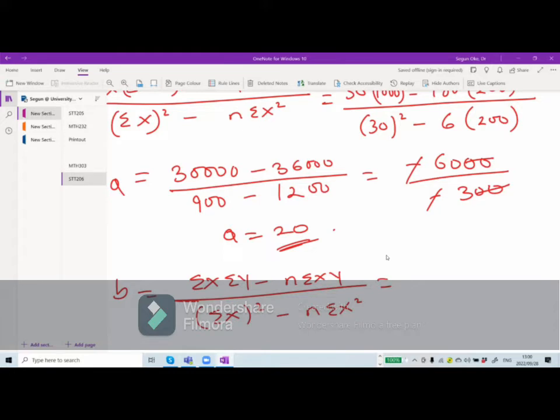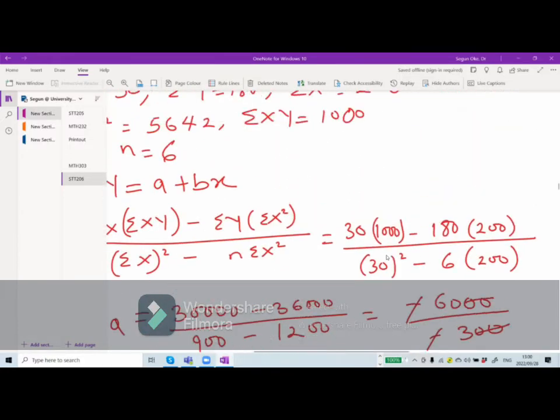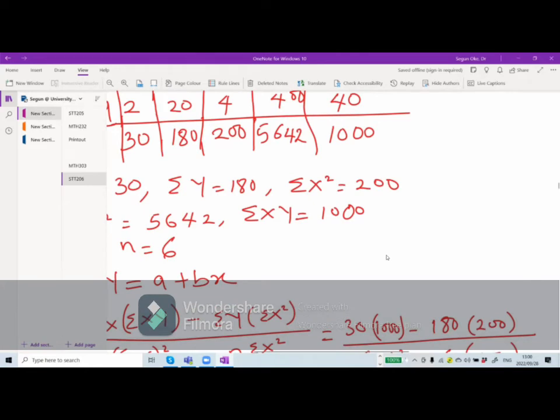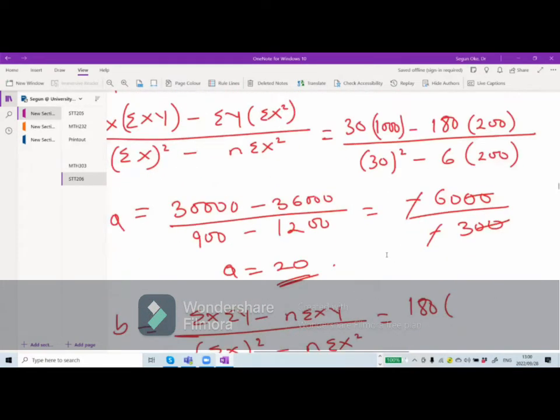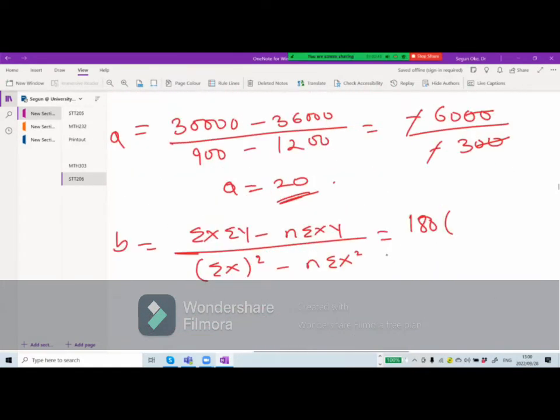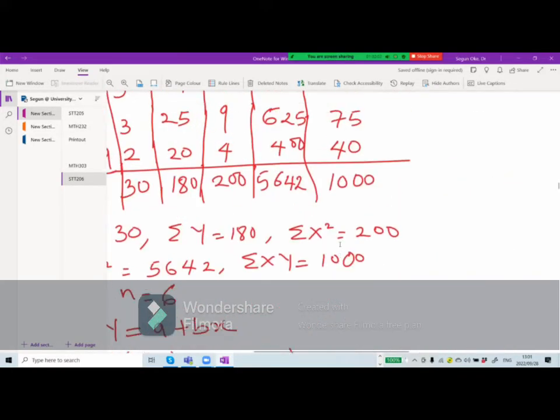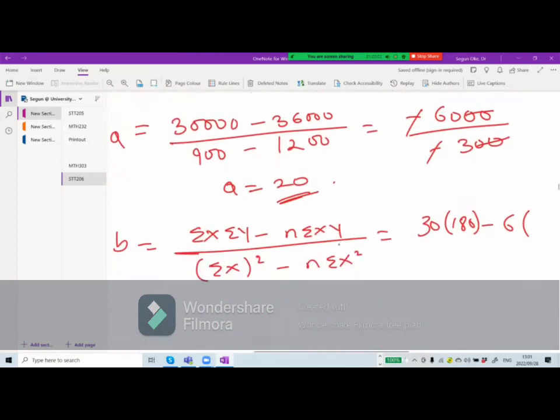Summation Y is 180, right? Summation X is 30. 30 multiplied by 180, minus 6 times summation XY, which is 1,000.